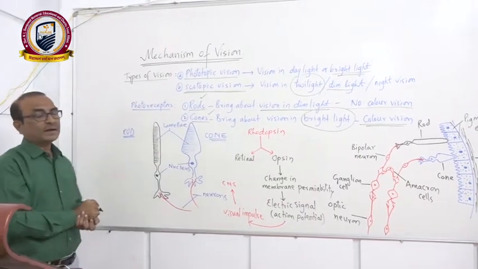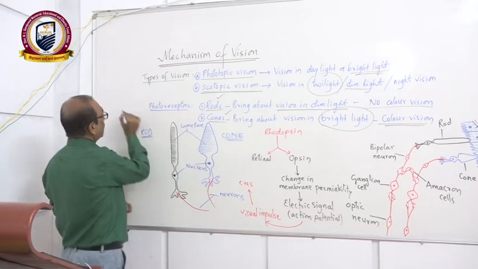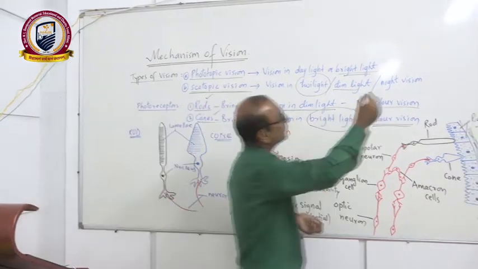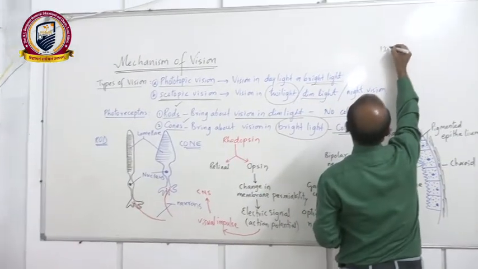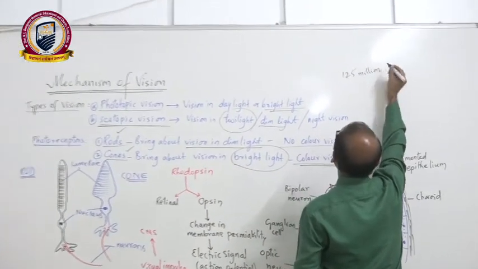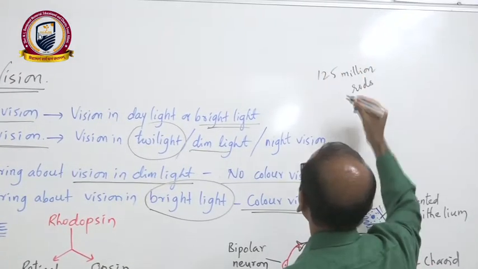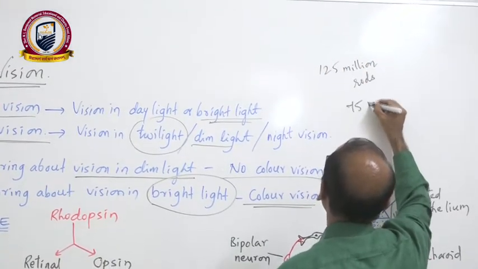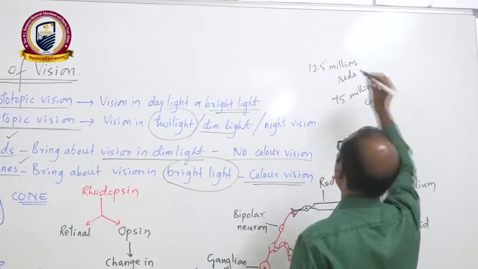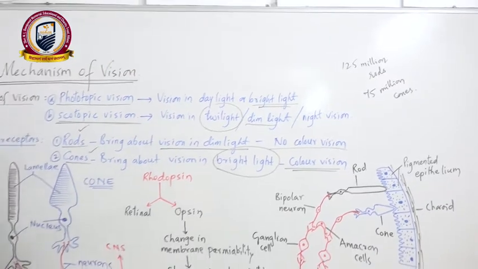Actually in our retina, in each eye, there are about 125 million rods and 75 million cones. And what about the distribution of these two?